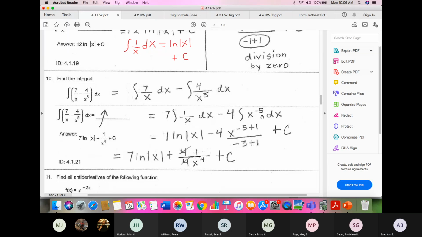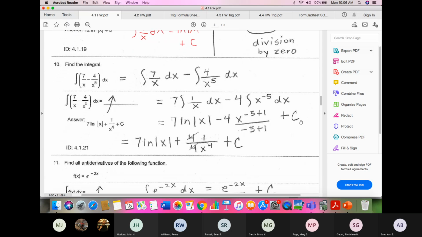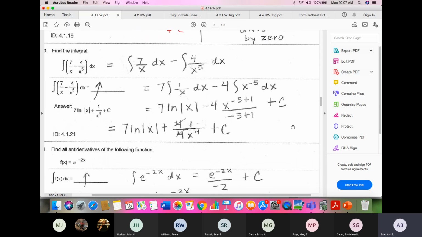All we have to do to integrate x to a power is take that x, add 1 to the power, and divide by that new power. And we add our constant of integration always on at the very, very end. And so it's just a matter of cleaning this up. If you notice, we're going to get a negative 5 plus 1 is negative 4 in the denominator.